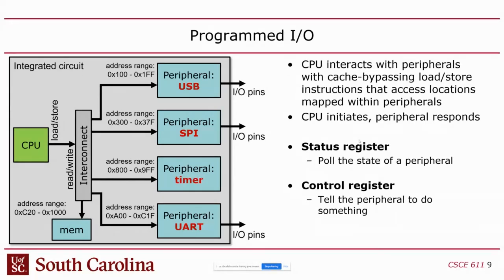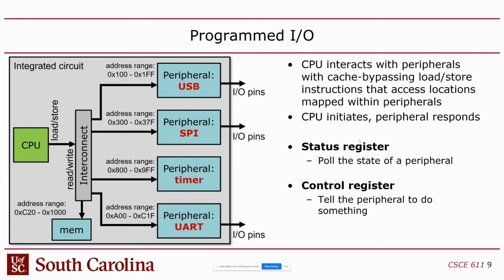When the software running on the CPU does a load or store to any of these addresses, instead of transacting data with memory, as you learned in 212, because you use a special address, you're actually conveying information between the CPU and the peripheral.